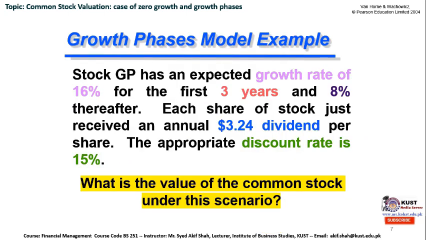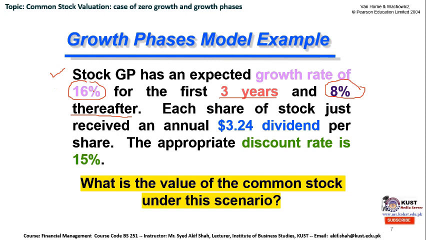Here comes an example of the growth phase model, which will further elaborate how to value such common shares. So stock GB, as mentioned before, named as growth phase, has an expected growth rate of 16%. Initially G1 is 16% for the first 3 years, and then the growth of this share will subsequently change to 8% thereafter forever.